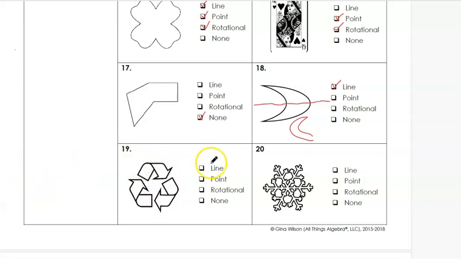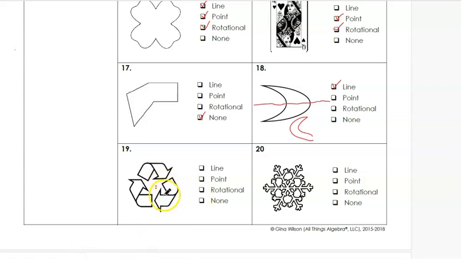So let's think about point symmetry for number 19. If I rotate 180 degrees, then these two would go on top and this would come down to the bottom. That's not the same original shape. So point symmetry does not exist.